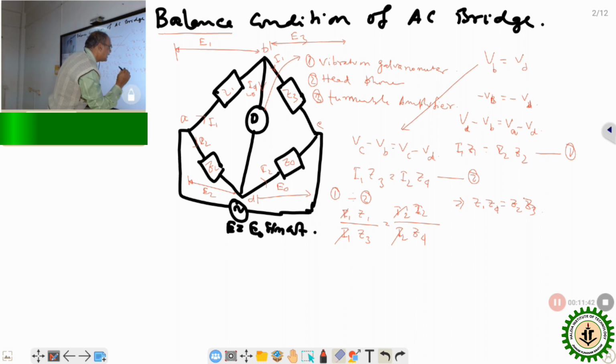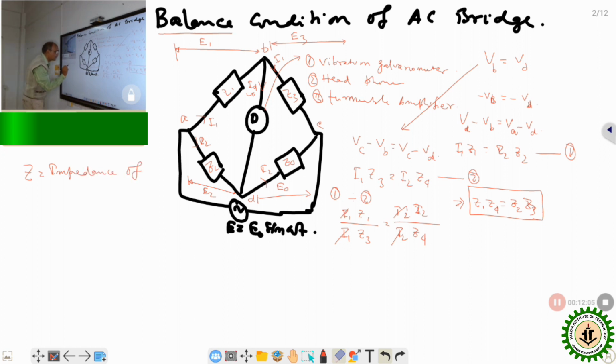So this is the balance condition. Now, what is Z? Z equal to the impedance of the corresponding branch.